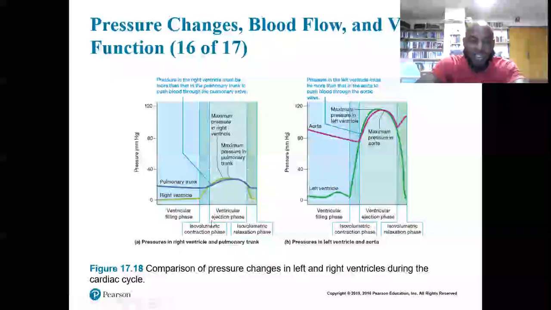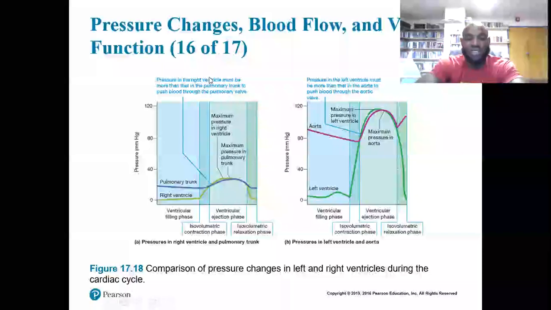This is in the right ventricle, which, remember, is a low pressure circuit because it's only pushing blood to the lungs. Then you also have the left ventricle, and you see how much higher the pressure is in the left ventricle. Remember, the left ventricle has to push blood throughout the entire body. So it creates much more pressure, much stronger pressure.